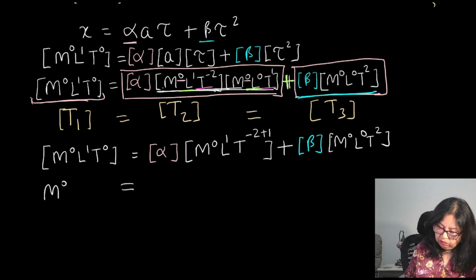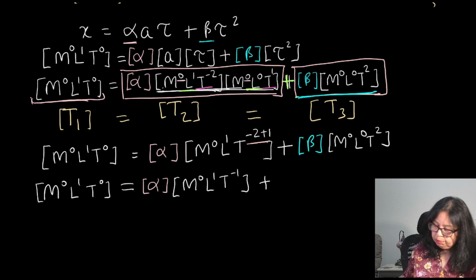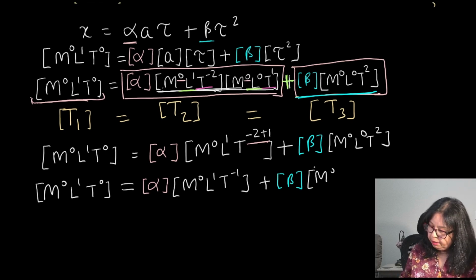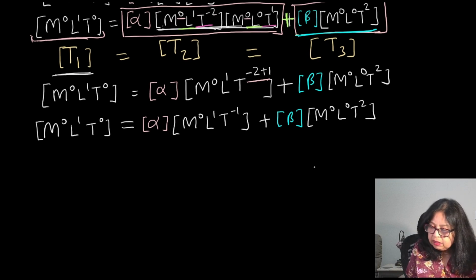Let's very quickly rewrite this so we can combine these two powers of T. M to the power 0, L1, T minus 1, plus the dimensional formula of beta, M0, L0, T2. Now we just said that the dimensional formula of T1 equals the dimensional formula of T2.